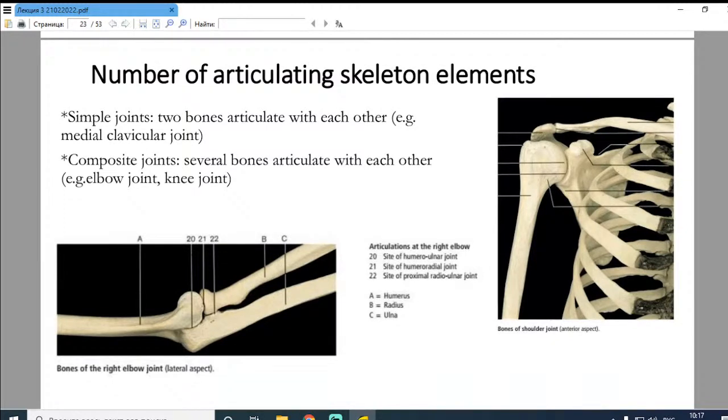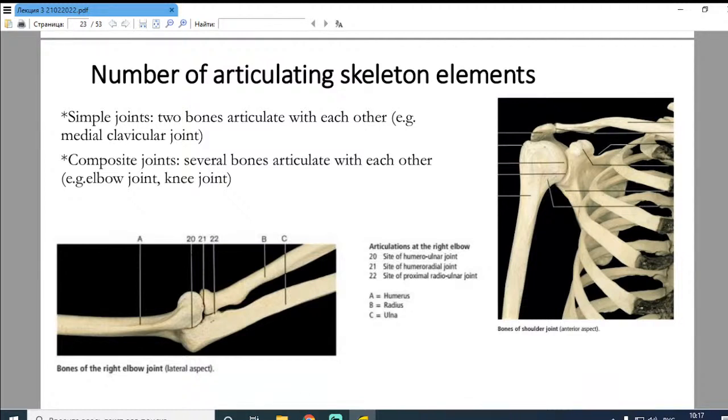Simple joint, two bones articulate with each other. For example, medial clavicular joint. Composite joint, several bones articulate with each other. For example, elbow joint, knee joint.